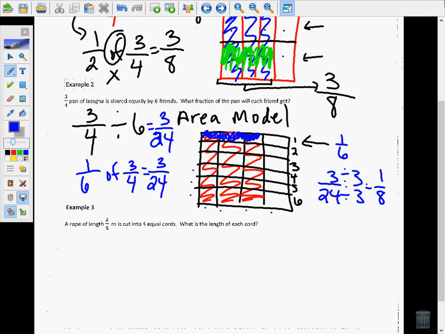Okay, so again, you can stop watching the video if you feel you understand, or you can continue with the last model I'm going to go over. A rope of length 2/5 meters is cut into 4 equal cords. What is the length of the cord? So again, start with your division number sentence. So we have 2/5. Oops, sorry about that.